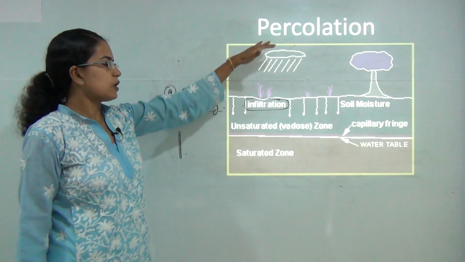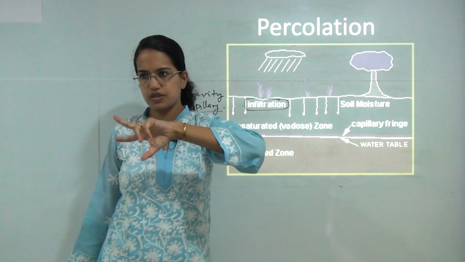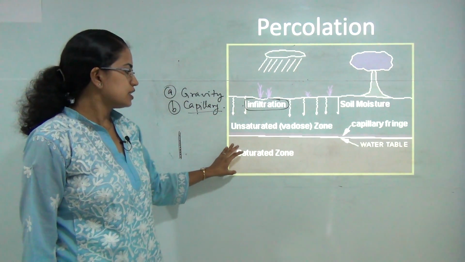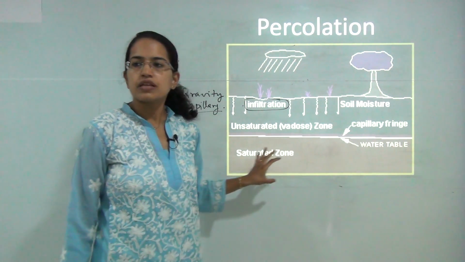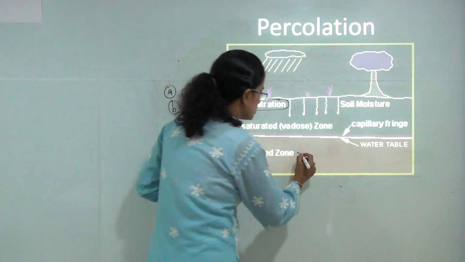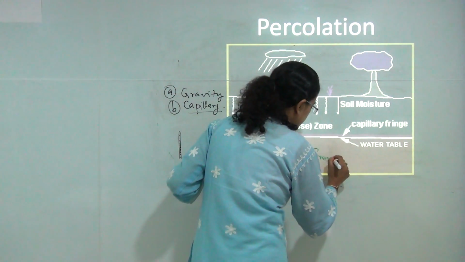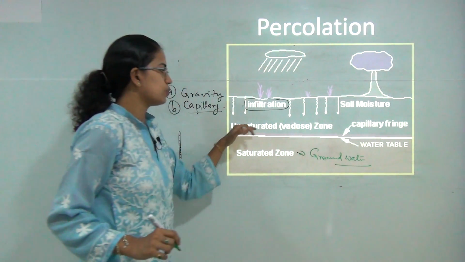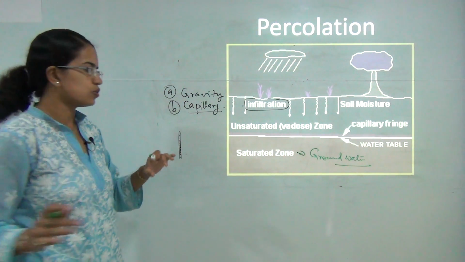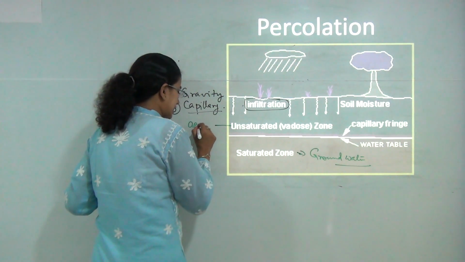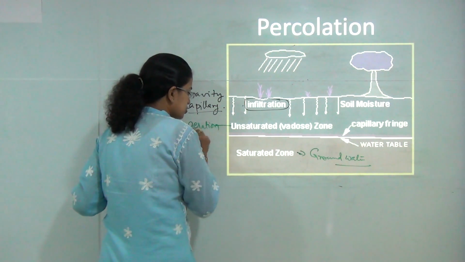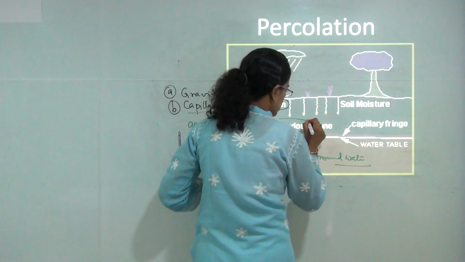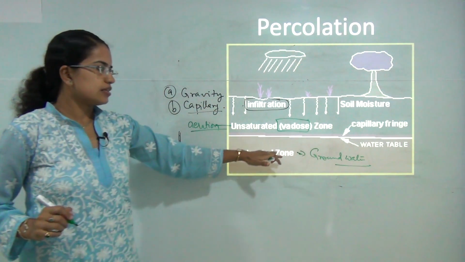Now when we talk about percolation, there are two things we need to understand. First is the zone of saturation. The zone of saturation is also known as the groundwater, and then above the zone of saturation you have the unsaturated zone or the zone of aeration, and this zone is technically known as the vadose zone.